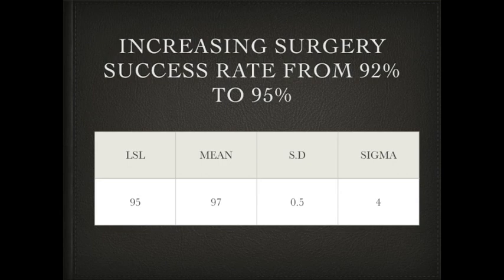The mean level is 97. It is beyond 95, beyond our target, and our standard deviation is 0.5. The difference between 95 and 97 is 2, and we can accommodate 4 standard deviations because the standard deviation level is 0.5, and the sigma level that we have is 4.